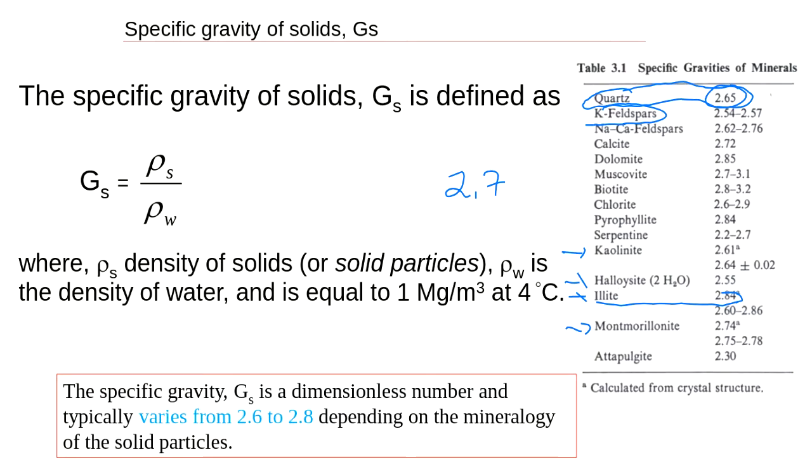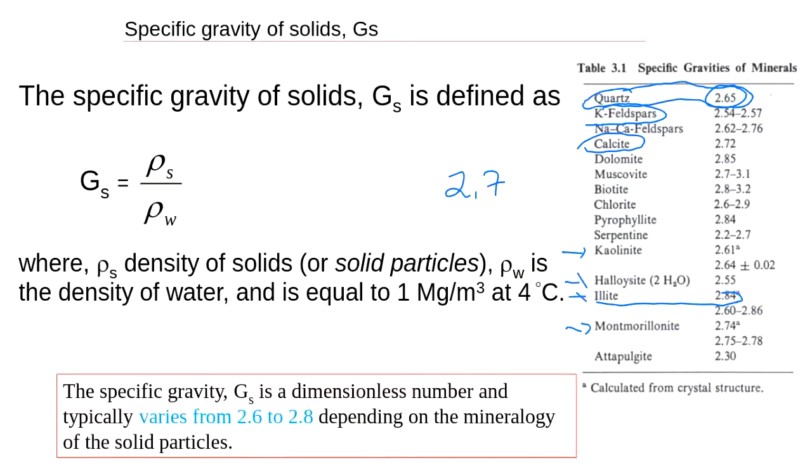Quartz would probably contribute the most to the average specific gravity of the soil. Then clay minerals will contribute about 20%, and maybe some other minerals, like calcite or something, will also contribute according to the amount present.